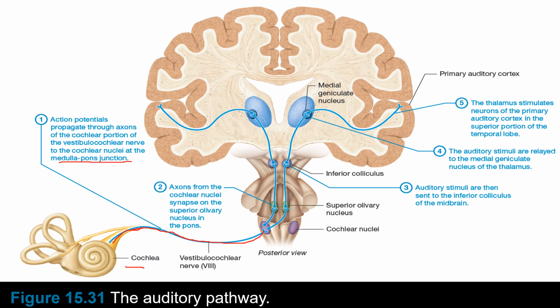And so once the axons from the cochlear nuclei synapse onto the superior olivary nucleus, that's where you have that startle reflex, right? And so after the superior olivary nucleus is done with them, those signals get sent up to the inferior colliculus of the midbrain, and then from the inferior colliculus to the thalamus.